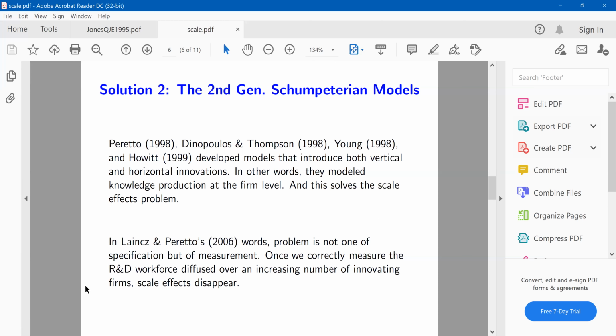If you measure the entire number of scientists and engineers in the economy, yes, of course it is increasing. But in the meantime, they are diffused over many innovating firms, many different sectors that are innovating. So in that sense, there is no scale effect at the firm level. Okay, let me show you how.